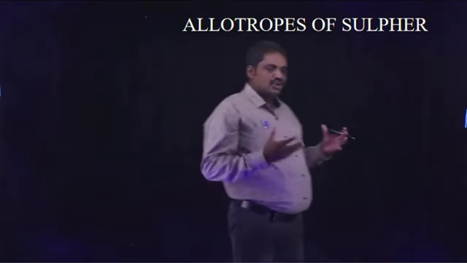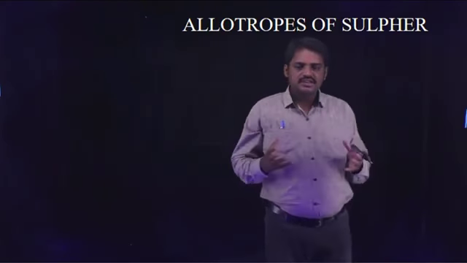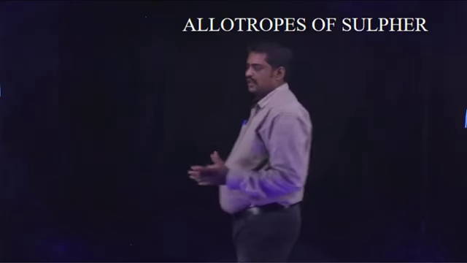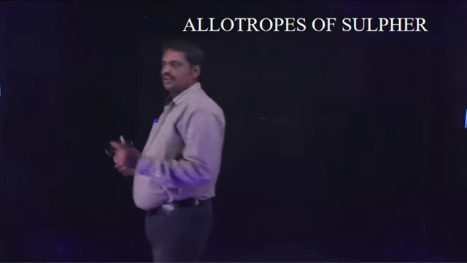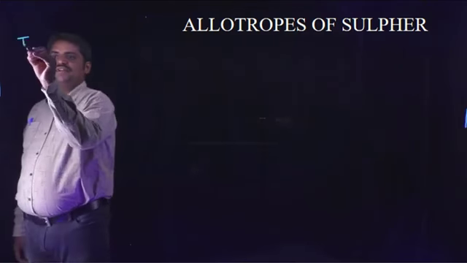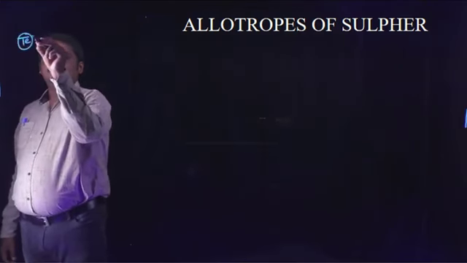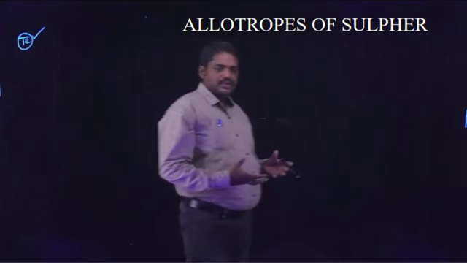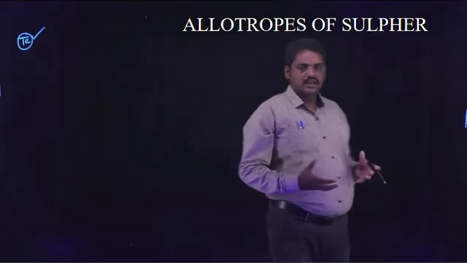These chalcogens exhibit different allotropic forms except tellurium. And the remaining elements in the group exhibit allotropic forms.